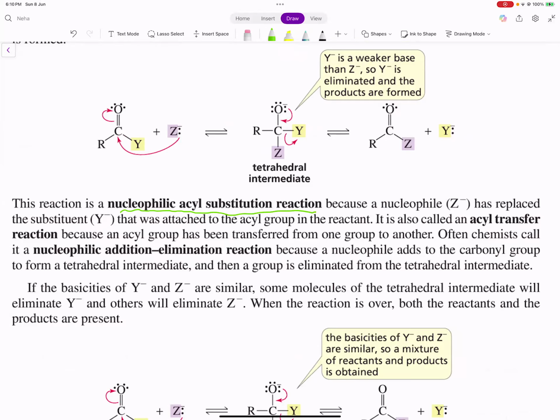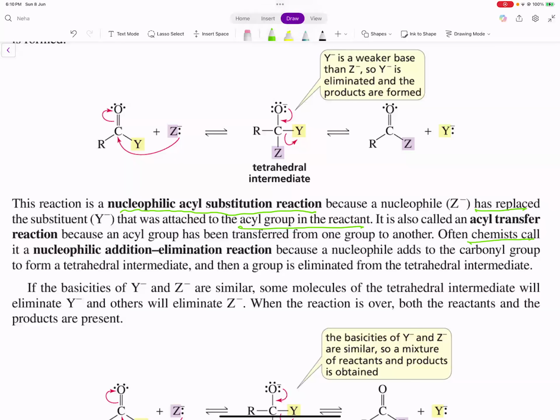We do not just say nucleophilic substitution; we call it nucleophilic acyl substitution because this is the acyl carbon and the substitution has happened at this group. The nucleophile Z minus has replaced the substituent Y minus, which was attached to the acyl group of the reactant.